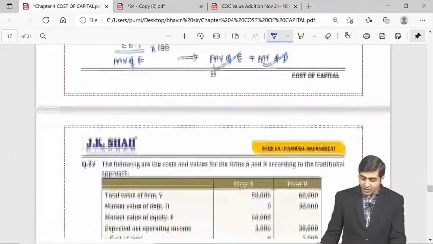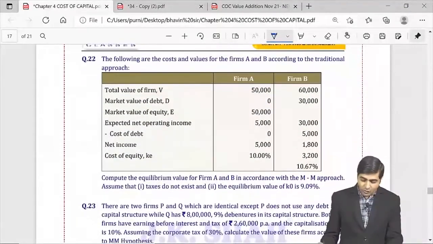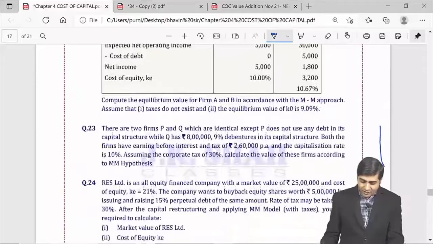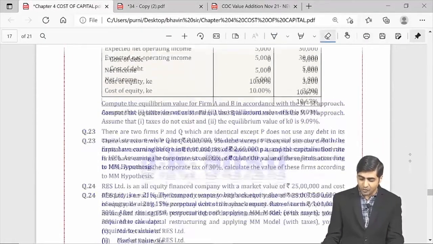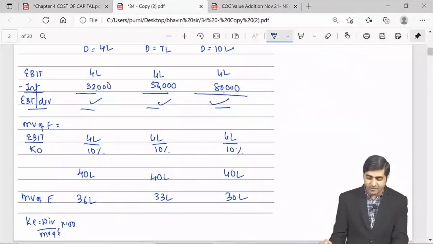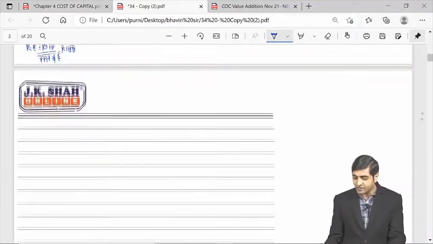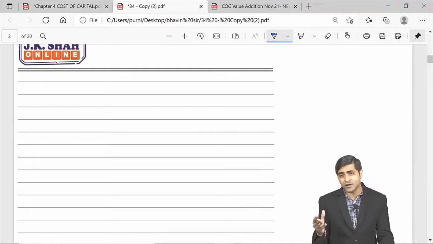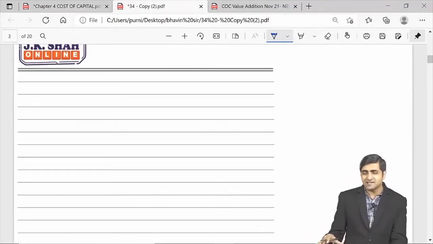Okay. Now, my dear students, your question number 22, 23, this deals with questions on the approach. And for this approach, as you all are aware, we are going to use the concept of arbitrage to calculate the same. So I'll just revise some basic concepts here.